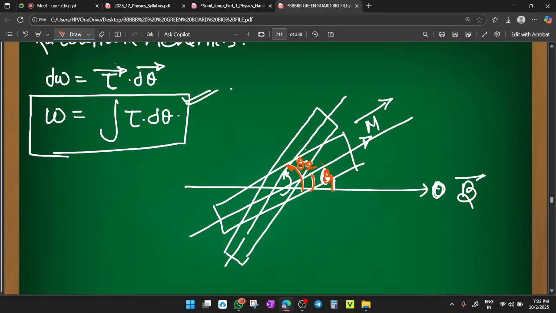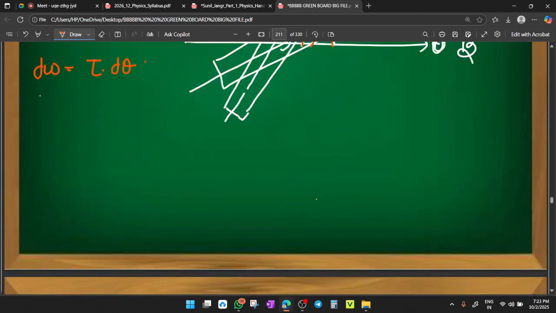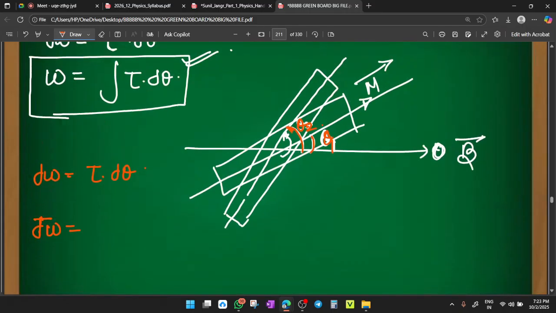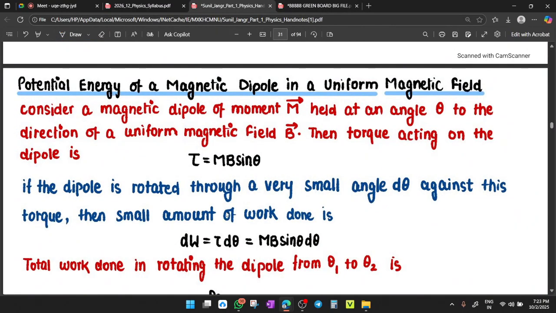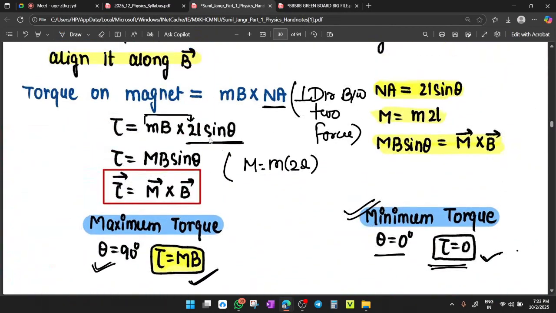So now the amount of work done. First you will write the derivation: dW equals torque into d theta. What do we have as the torque? We just derived that torque equals mB sin theta. Yes or no?